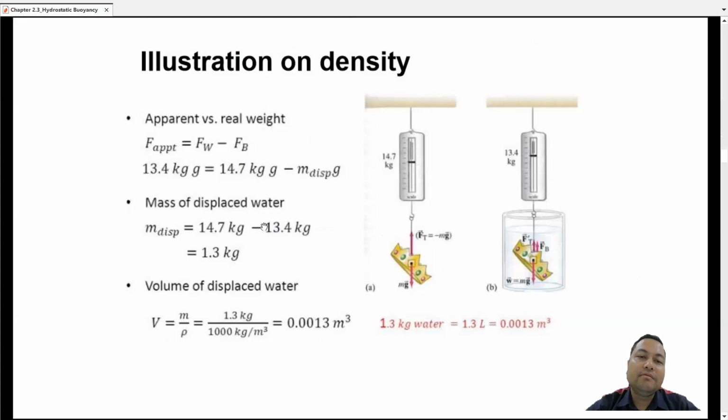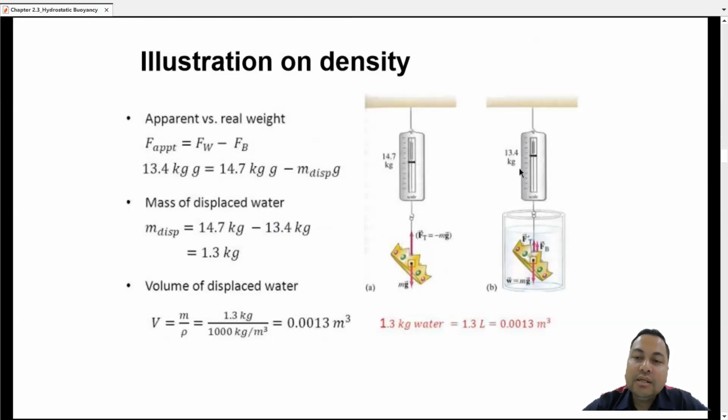We have apparent versus real weight. Force apparent is equal to weight minus buoyant force. For example, when we hang this ground in air, we get the weight as 14.7 kilogram. However, when we immerse this in water, the weight turned out to be 13.4 kilogram.